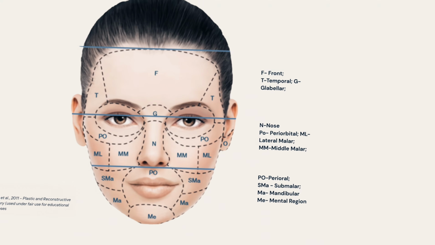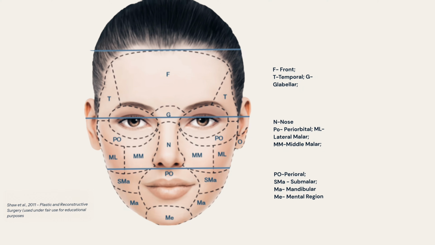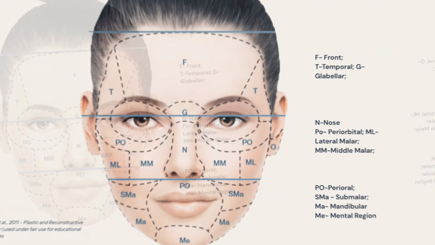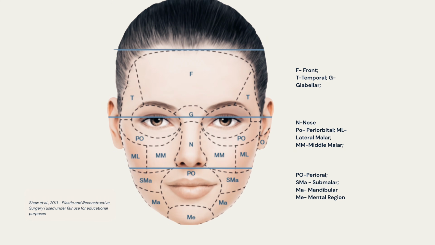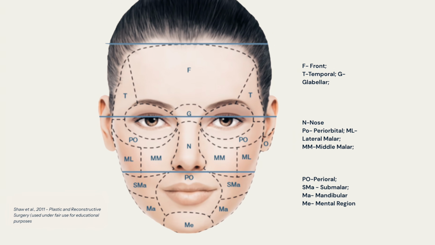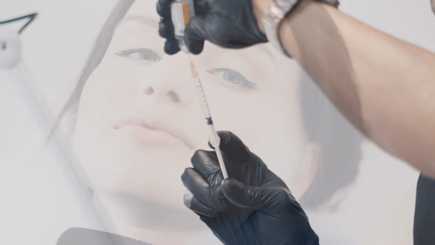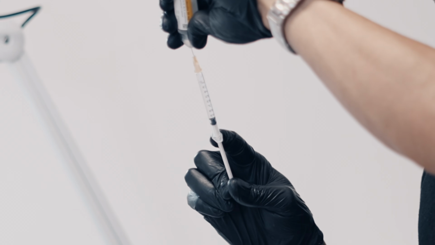An effective and well-balanced aesthetic treatment plan can never rely on a single product or technique. To evaluate the face holistically and to properly address multiple needs, the triple approach model should be the foundation of your planning. 1. Neurotoxins, botulinum toxins.